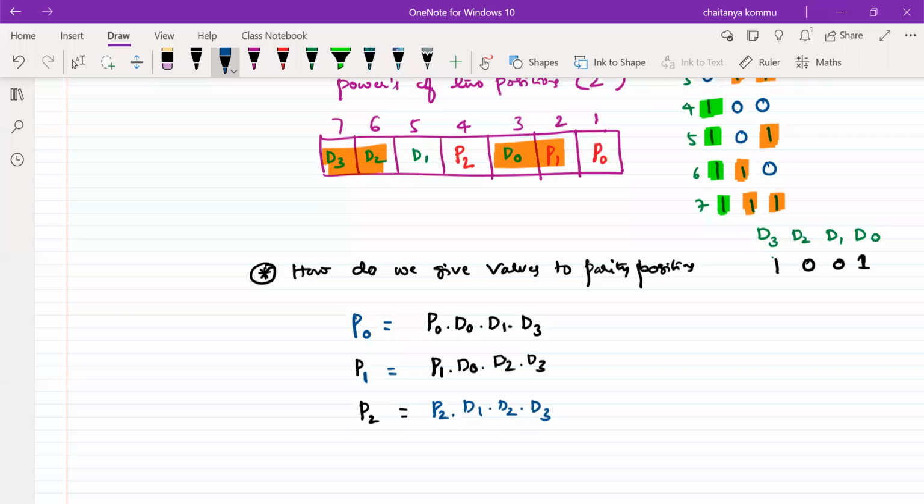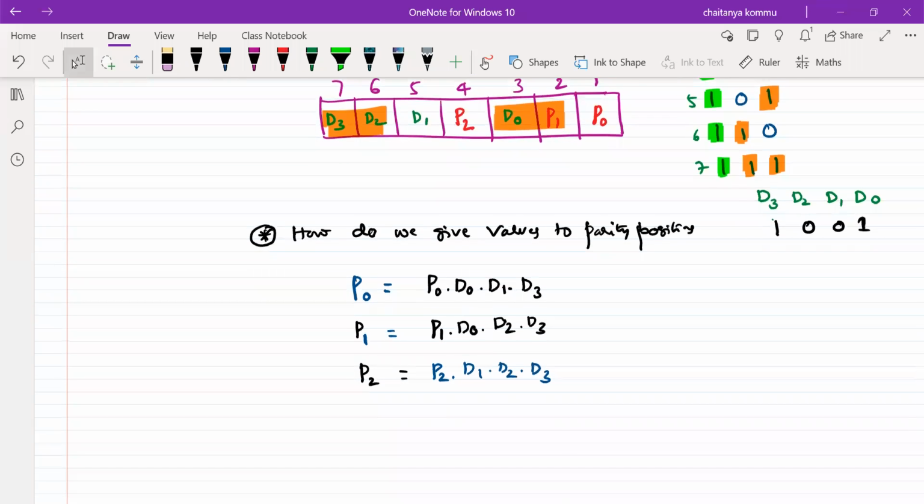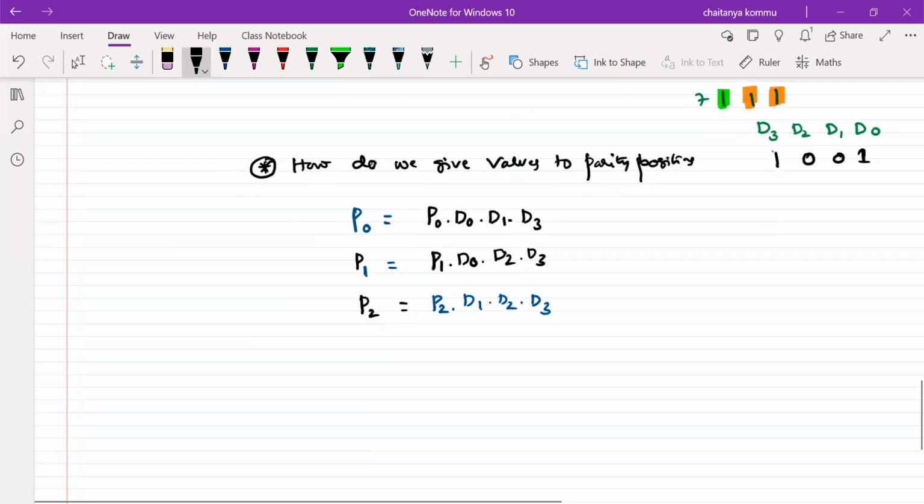We know very well D0 to D3, but what about P0, P1, P2? We don't know. So for that, people will give what kind of parity. Whenever the code is created, the person creating the code will say whether they follow even parity or odd parity.